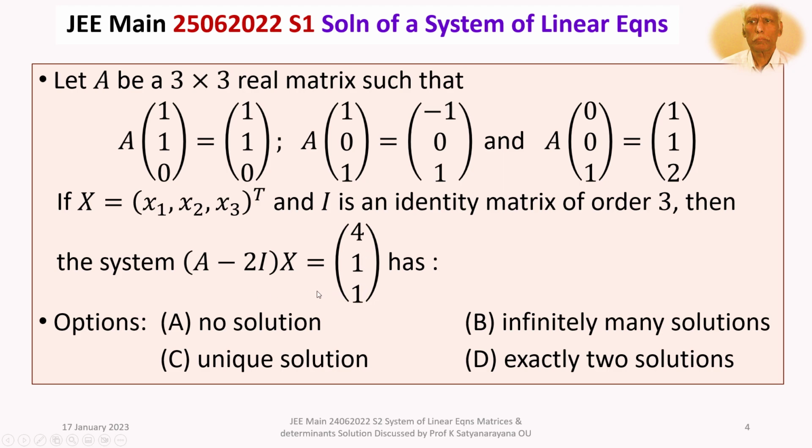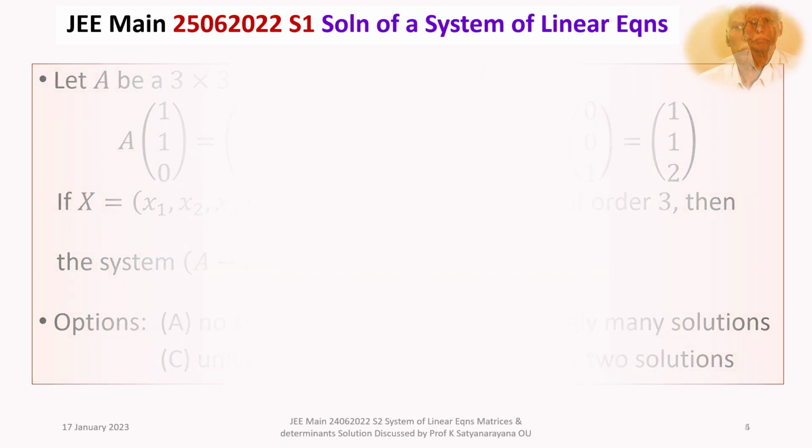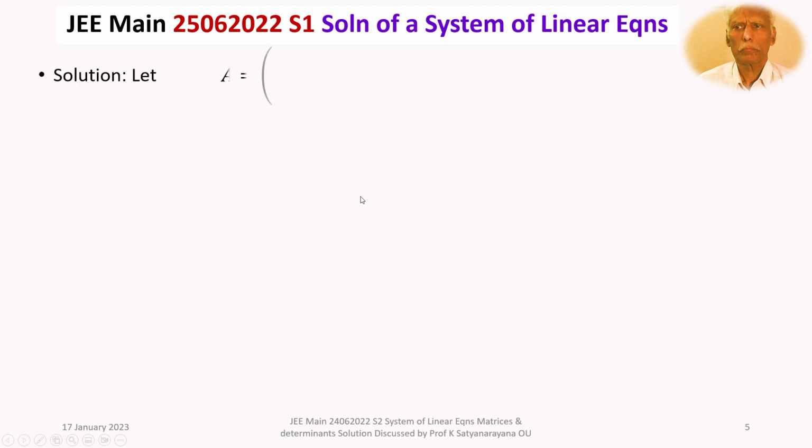This non-homogeneous system of linear equations has how many solutions? We are given 4 options and we have to choose the correct option. We now discuss the solution of the problem in detail.